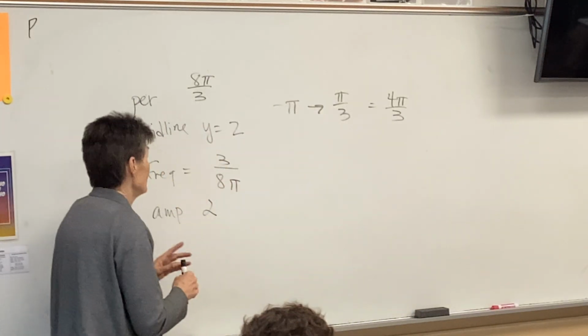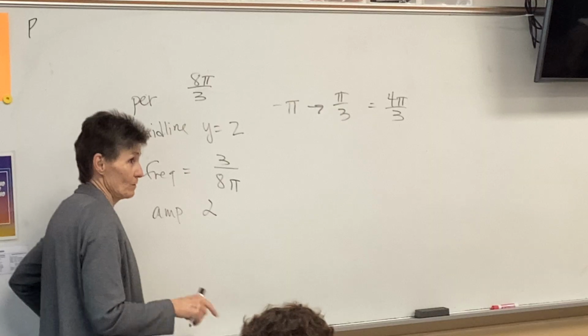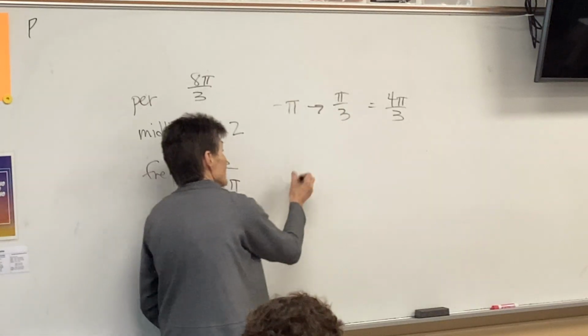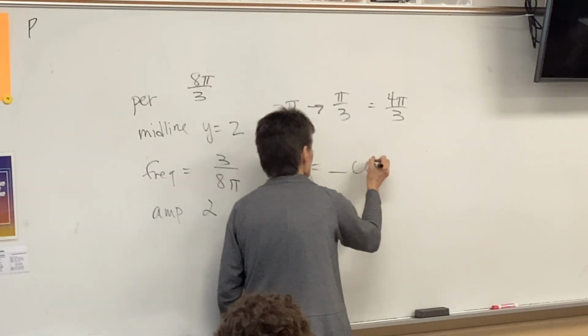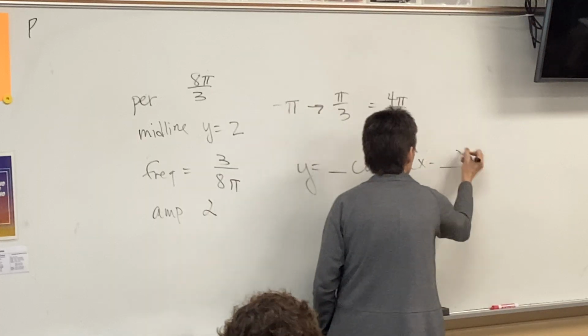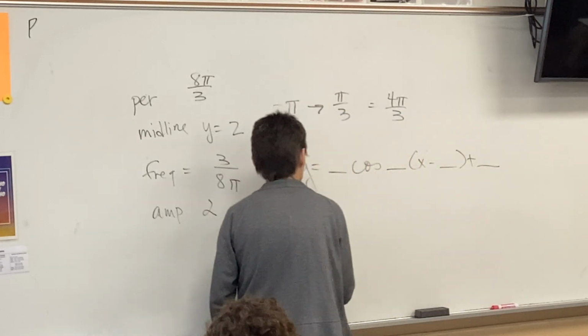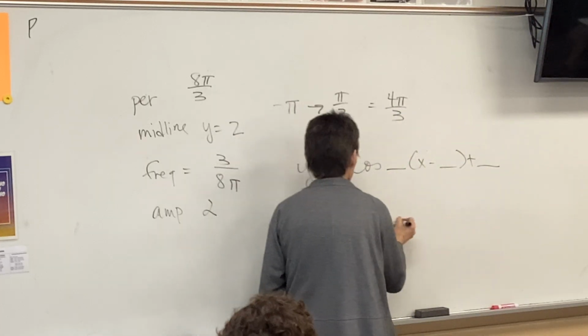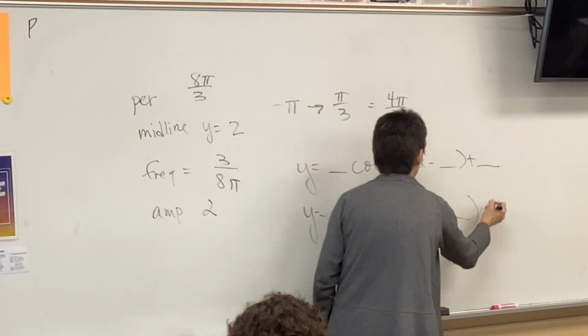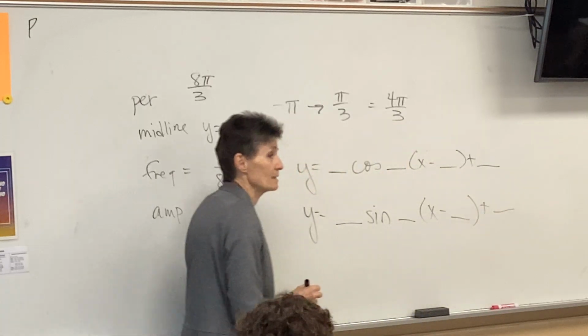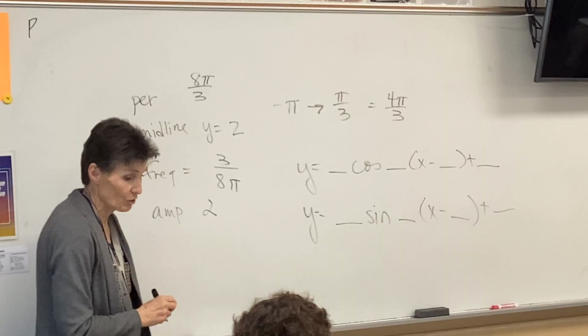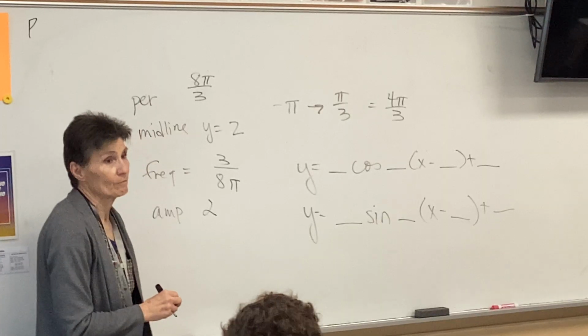All right? Now we're going to write the equation for this picture. It could be a cosine, or it could be a sine. You didn't have to do this in the homework, but you will on your quiz. So let's practice. Right now, taking that picture and writing an equation for it.